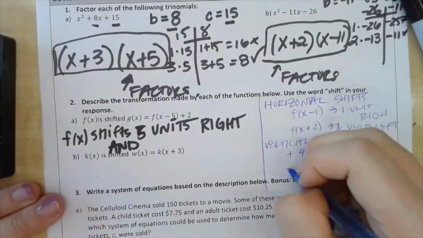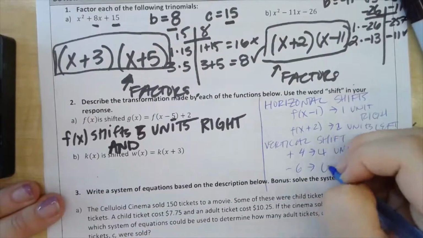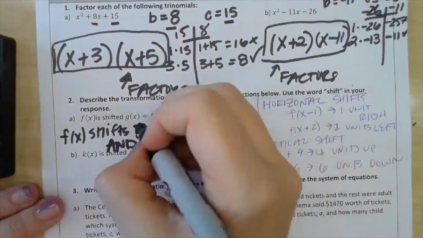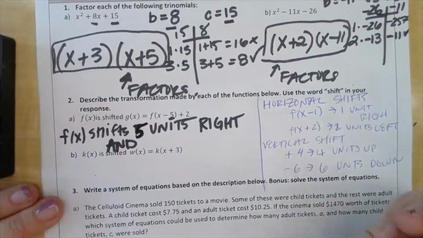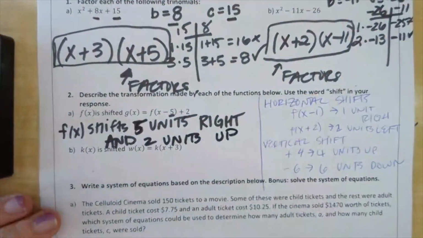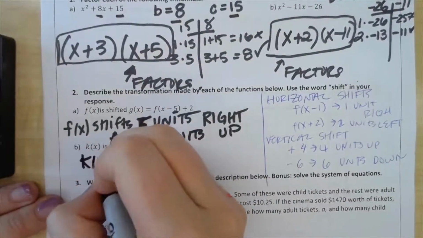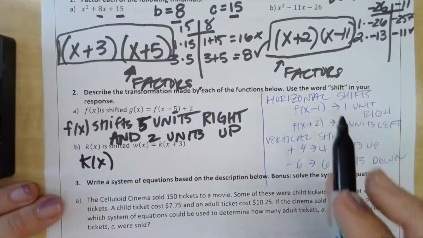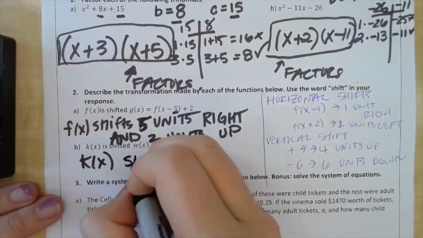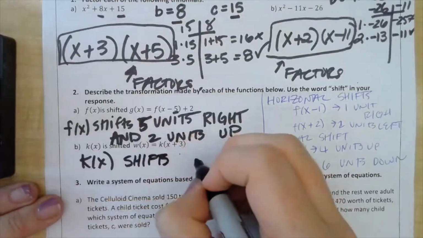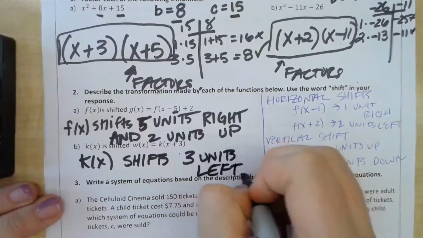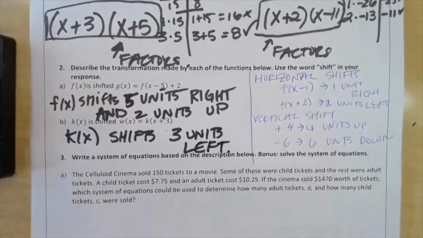If it was minus 6, it would be 6 units down. So it's 5 units right and 2 units up. For the next one, k of x only has a horizontal shift. Since it is plus and it's inside, it's the opposite. So it shifts 3 units left.